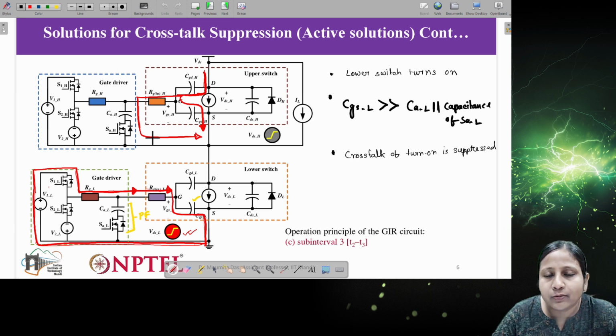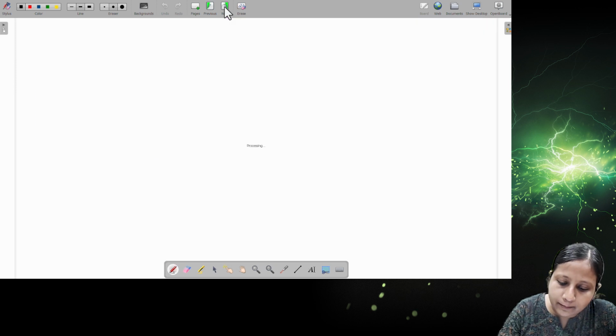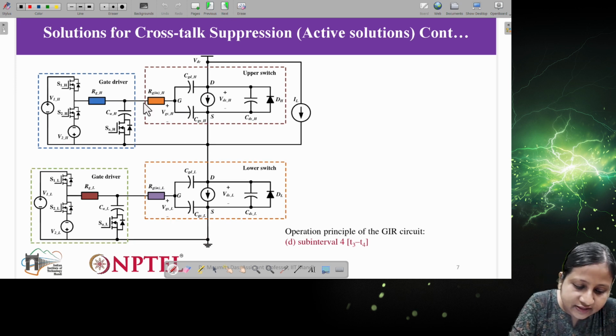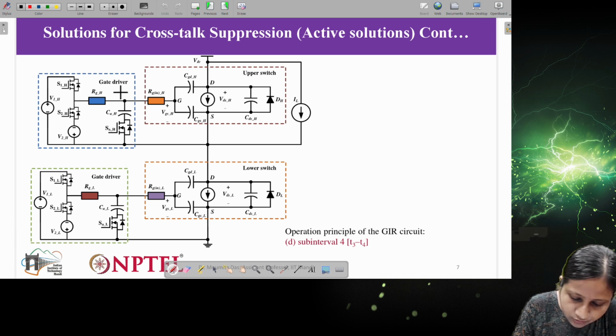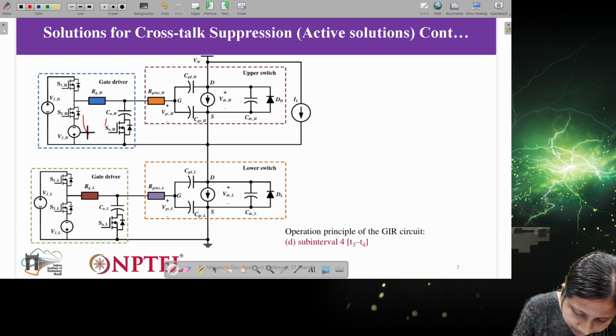Whatever negative voltage was there in the capacitance will cancel out with respect to the positive charge in the capacitance. Now what we have to do in this particular subinterval is charge this capacitance again. So this subinterval is helping the capacitance to charge.